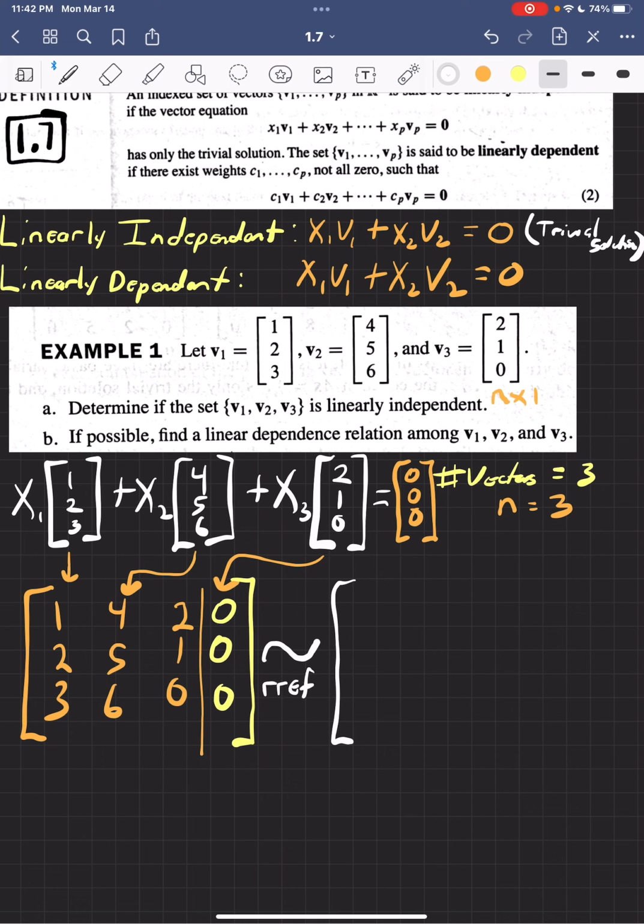We can row reduce the following, and I'm gonna go ahead and do that right now. So what I would get is the following.